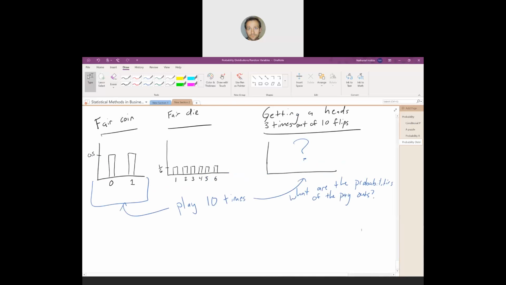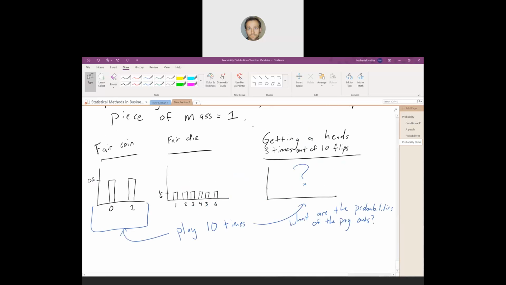So, about this. Getting a heads. So now I'm playing a game. The game is there's a coin that's being flipped. Every time I'll call heads.